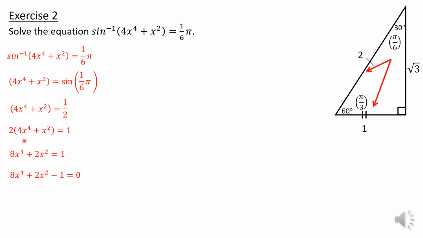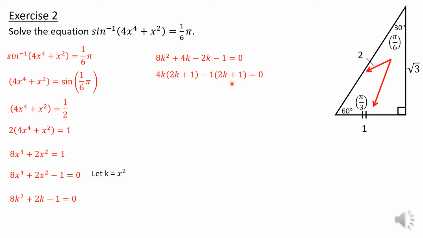There are many ways you can solve this, but I like to let x squared equal some k, and I then change my quadratic to 8k squared plus 2k minus 1 equals 0, which I can factorize, and it should give me 4k minus 1 times 2k plus 1 equals 0.